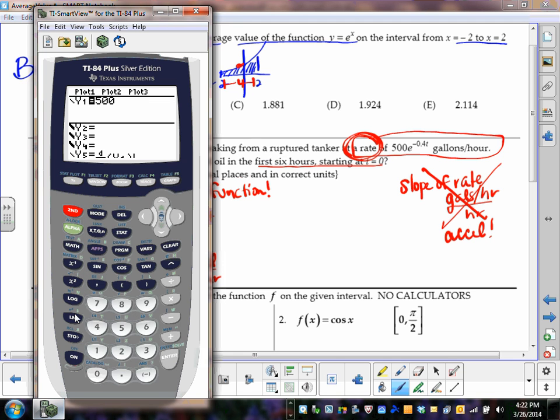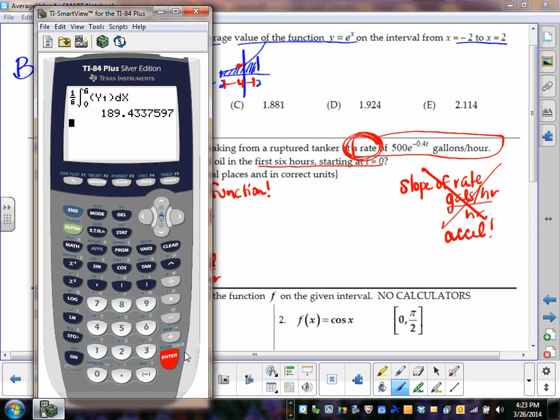500 e to the negative 0.4x, and I'll double check. 500 e negative 0.4 and then x. So then I'm going to do the integral of 1/6 from time 0 to 6 the y1 function I just typed in dx.